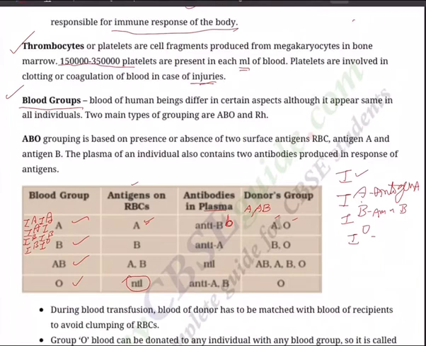And on the surface of the RBCs, there is a protein, antigen B. And in the plasma of that person, another protein called antibody that will be anti to this. So I will write it as a. So there will always be fighting between the A versus B.